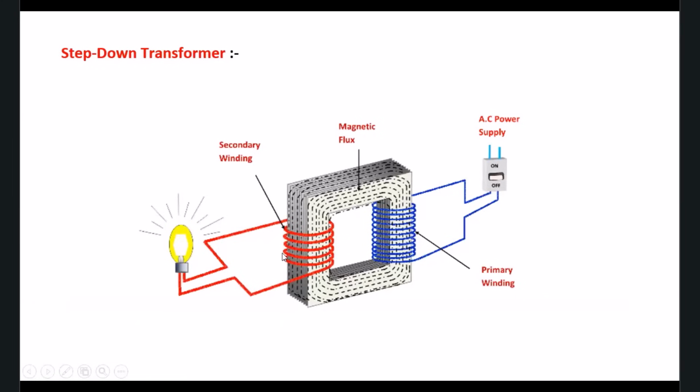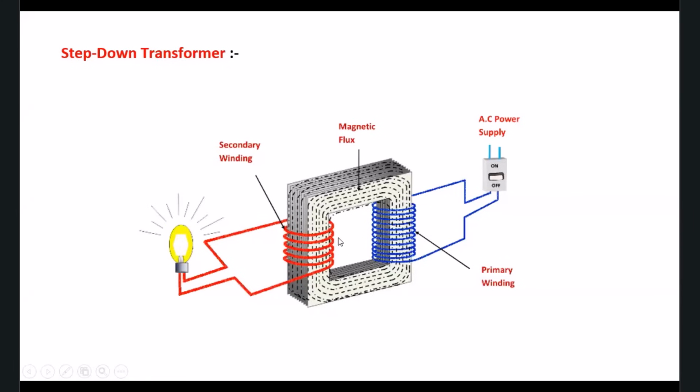So this type of transformer, wherein the primary windings are more as compared to the secondary windings, is called a step down transformer. What happens? Because of more primary windings, the EMF induced at the primary side is more, and that will be transferred to the secondary winding.